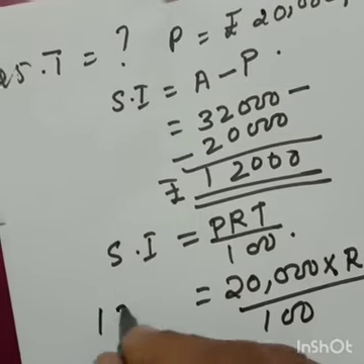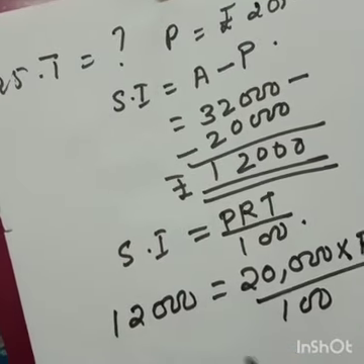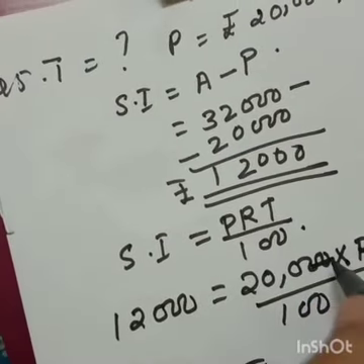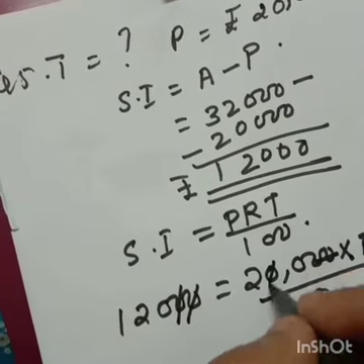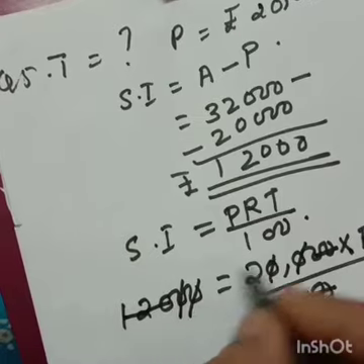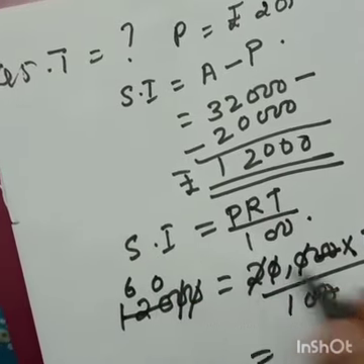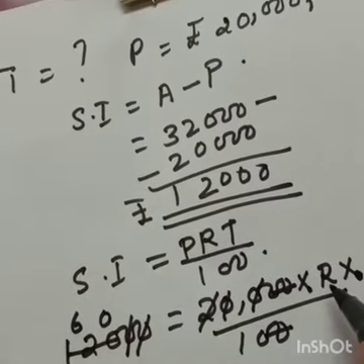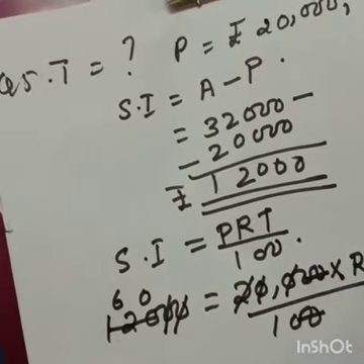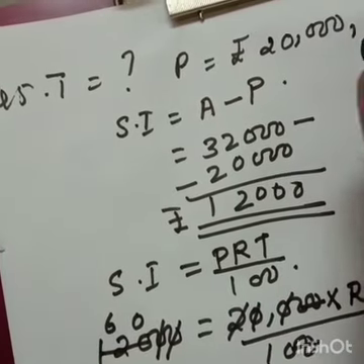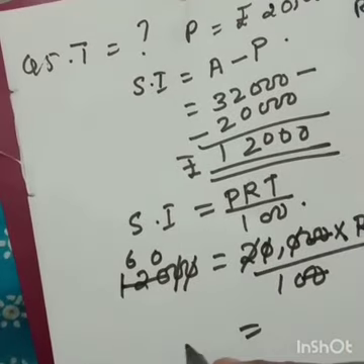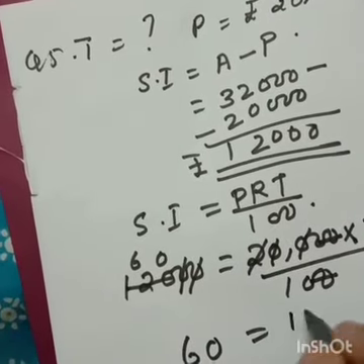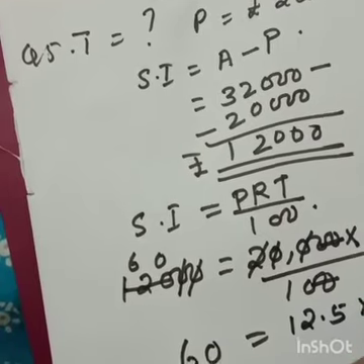Simple interest is 12,000. 20 and 20 will be cut out. 2 tables 60. Rate is given. What is the rate? 12.5. Rate equal to 12.5%. 60 equal to 12.5 into T.